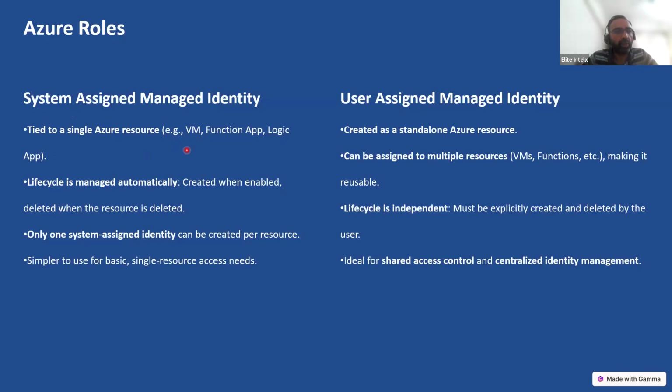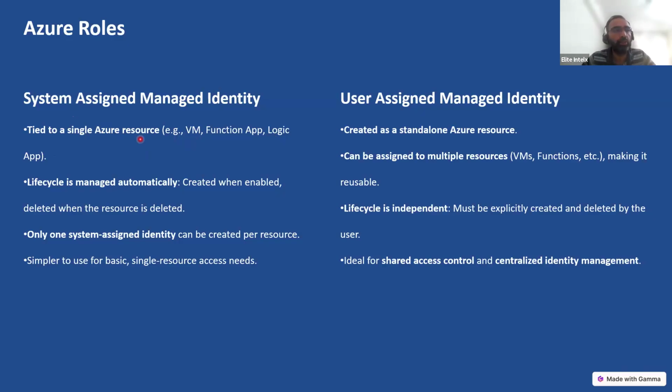My ADF is one system, and my storage account is another system. Instead of me using any account key or any secret, I want both of them to authenticate with the help of some identifier, that is the system assigned managed identity, right?